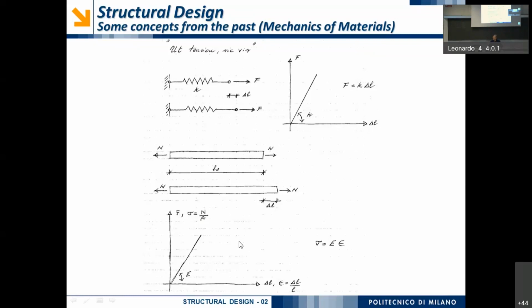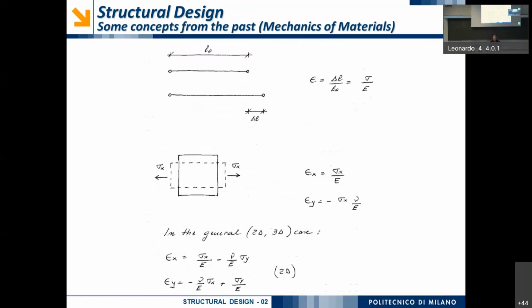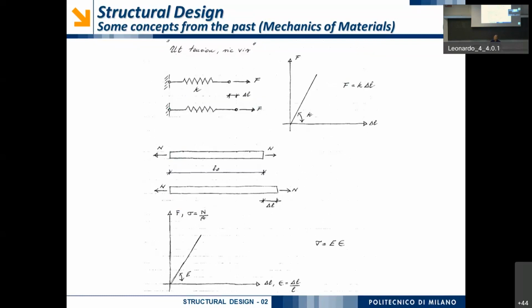Similarly, I can divide the shortening or the elongation by the original length of the beam. In this case, I will obtain the local strain, okay?